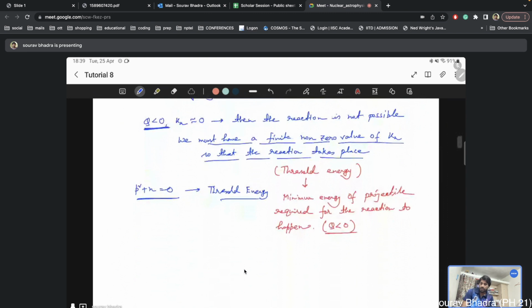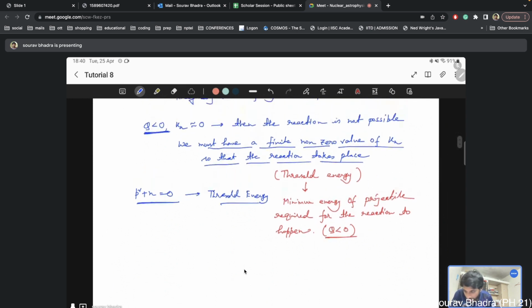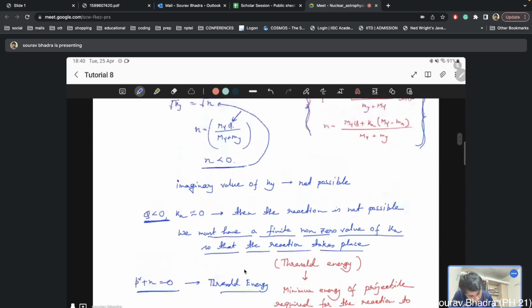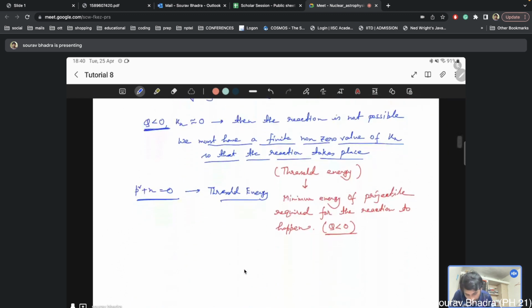So just put those values of p square and n, then you will get the condition which gives the threshold energy of the projectile. So p square is actually mx my kx divided by (my plus my) square times cos square theta, right?